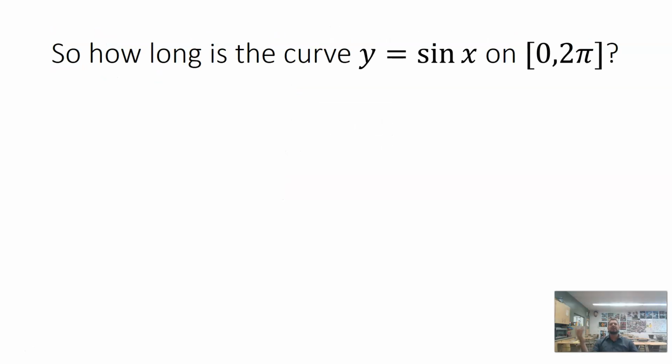So if I wanted to know how long this curve is on the interval from 0 to 2 pi, I would just do an integral from 0 to 2 pi of the square root of 1 plus, I have to take the derivative here in order to use my formula, so dy/dx in this case is the cosine of x. So I get 1 plus the cosine of x squared dx.